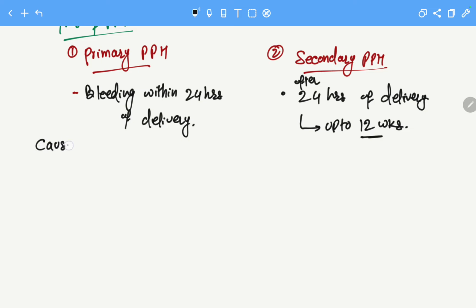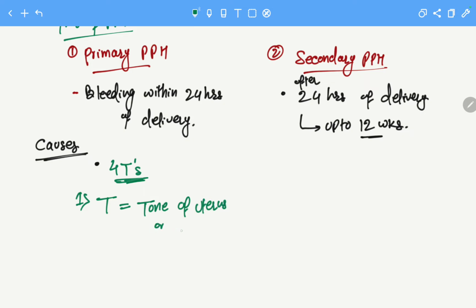What are the causes of PPH? To remember the causes, we need to remember the 4 T's. The first T is tone of the uterus, or uterine atonicity. We will discuss all that in detail also.